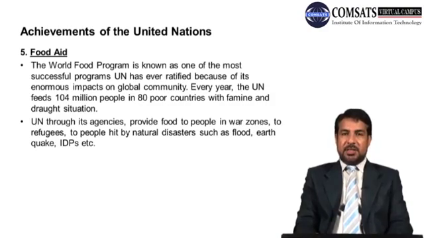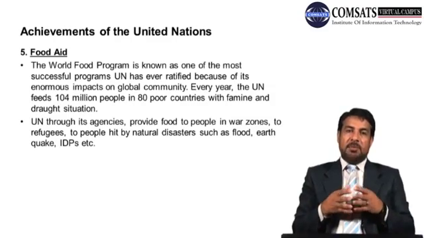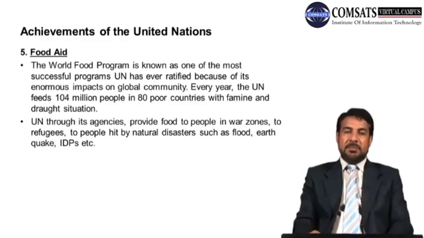UN through its agencies provide food to people in war zones, to refugees and to people hit by natural disaster. तो इसके अलावा UN वहाँ पे भी बाकायदा खुराक मुहैया कर रही है जहाँ पे लोग तकलीफ में हैं. जिस तरह अगर ऐसे इलाके जहाँ पे जंगें हो रही हैं तो वहाँ पे जो उनके रेफ्यूजीज़ हैं उनको खुराक की फराहमी. इसी तरह ऐसे जगहों पे जहाँ पे कुदरती आफात आ जाते हैं, जिस तरह सैलाब है, जिस तरह ज़लज़ला है, और जिस तरह पाकिस्तान में IDPs हैं.